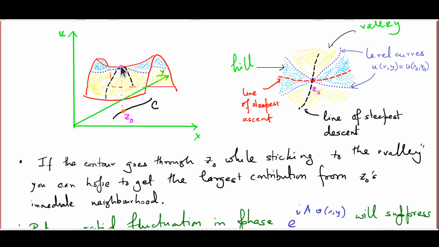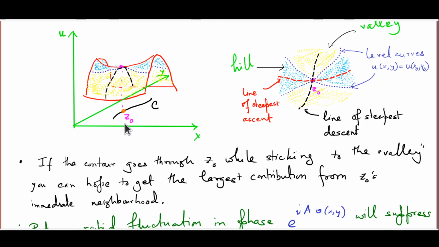The saddle point, of course, is at a point z equal to z0, but the point on the surface which depicts the value of u is sitting on something which looks like the saddle of a horse, which is why it's named that way. As you can see, it is a minimum of the function if you go along this path. It's a maximum if you go along this direction.